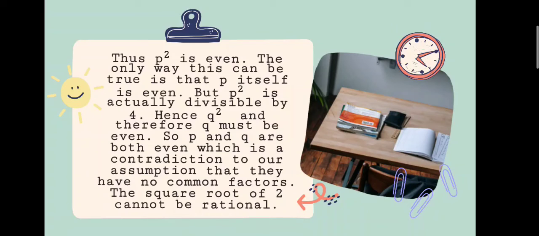The only way this can be true is if p itself is even. But then p to the power of 2 is actually divisible by 4. Hence, q to the power of 2 and therefore q must be even. So p and q are both even, which is a contradiction to our assumption that they have no common factors. So, the square root of 2 cannot be rational.